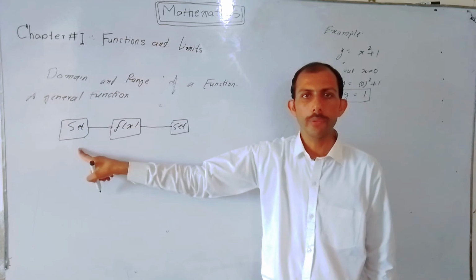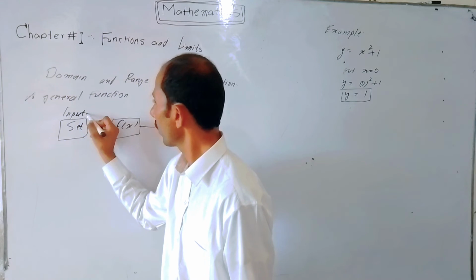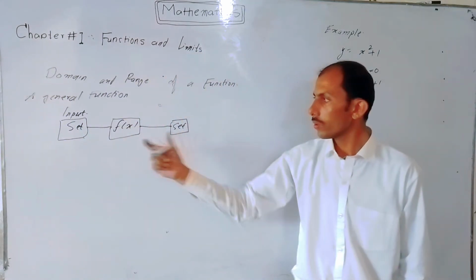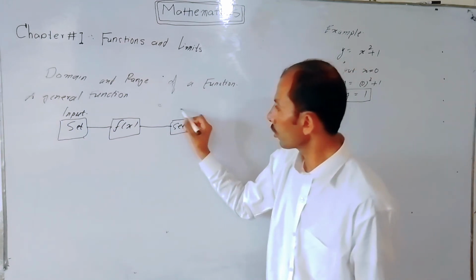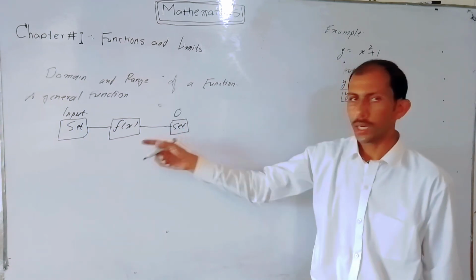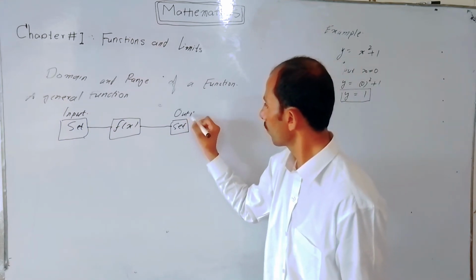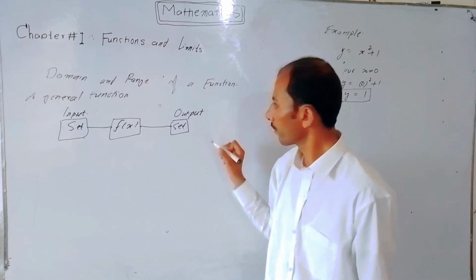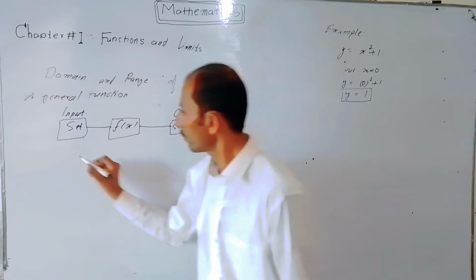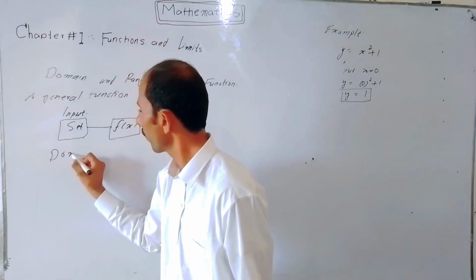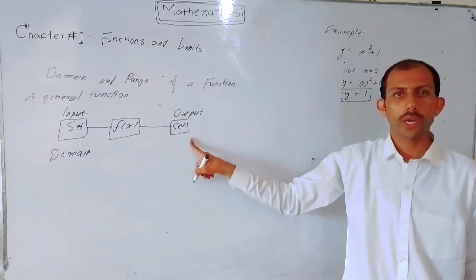The first set is the input. Input means anything given to the function. This set is the output, so we get the result. Input is the domain and output is the range.